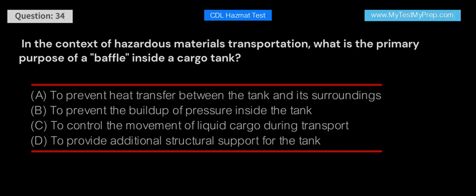D. To provide additional structural support for the tank. Answer: C. The primary purpose of a baffle inside a cargo tank is to control the movement of liquid cargo during transport. By restricting the flow of liquid inside the tank, baffles help to prevent the cargo from shifting, which can cause instability and increase the risk of an accident.